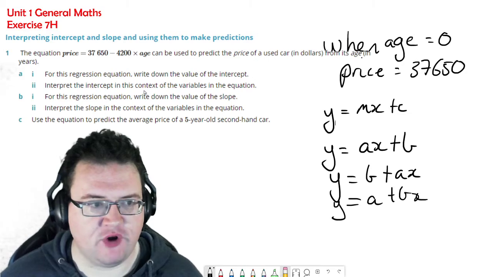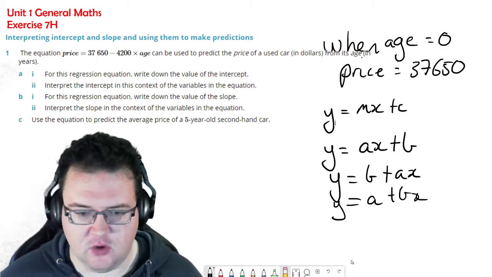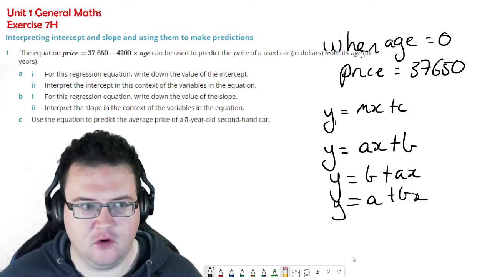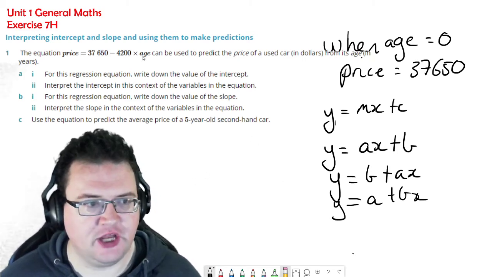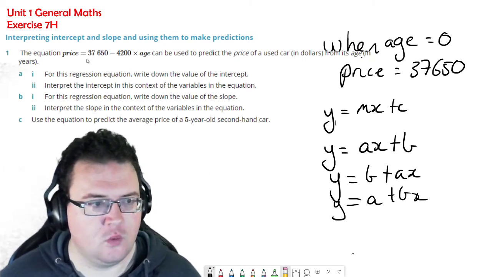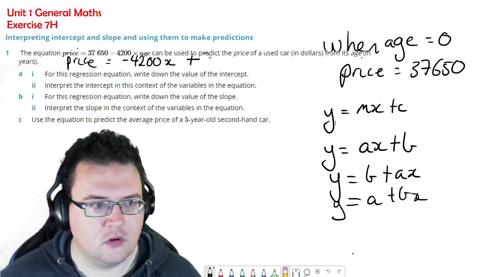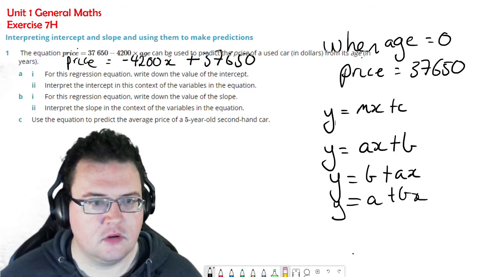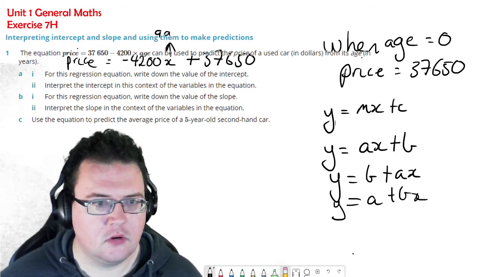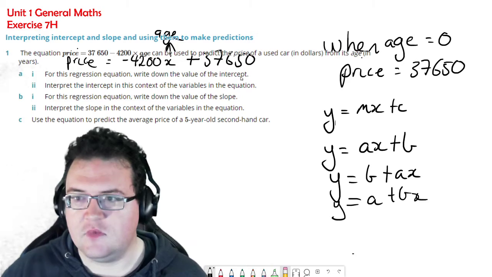All right, so if I were to rewrite this equation in y equals mx plus c form, then my equation would look like that.